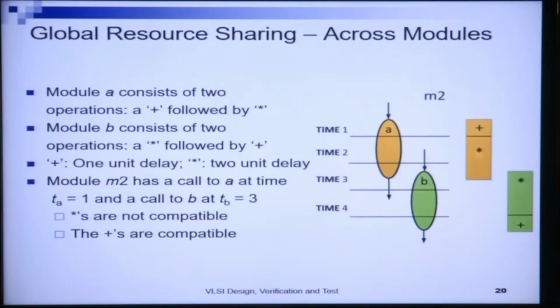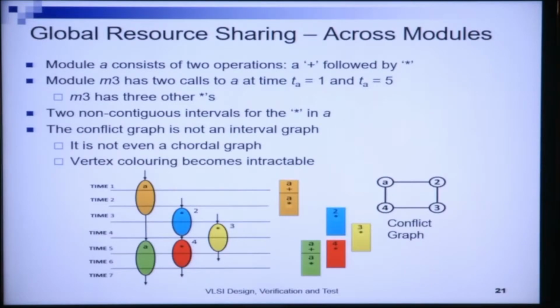Now, let us take the next small complication. Now, we have a loop, and to simplify a loop, we just say that there is a module which calls another module 2 times.